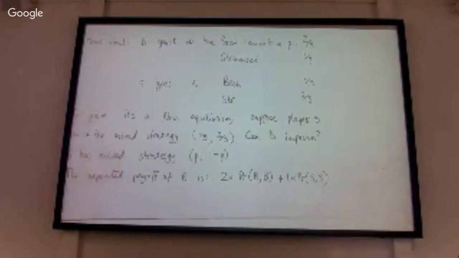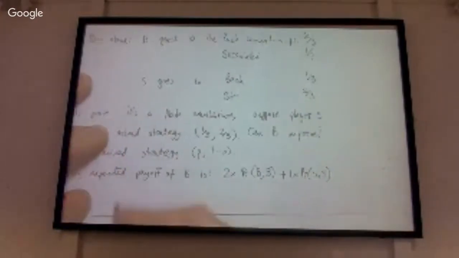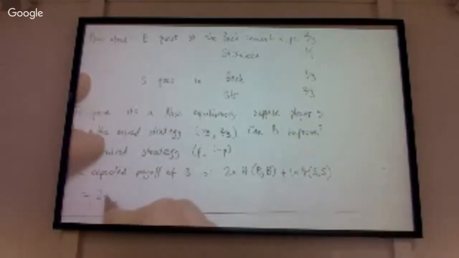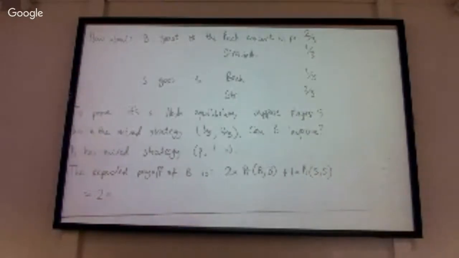go to see Stravinsky. Now, the probability that they both go to see Bach, well, what is that?